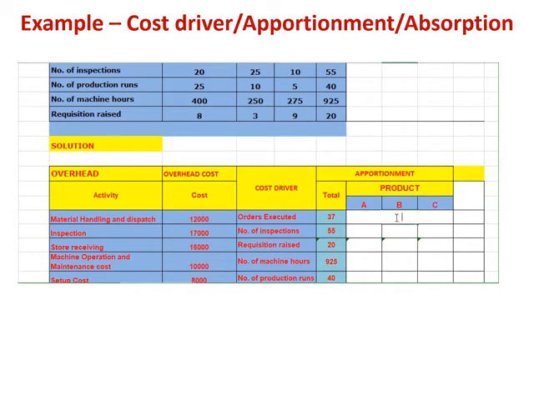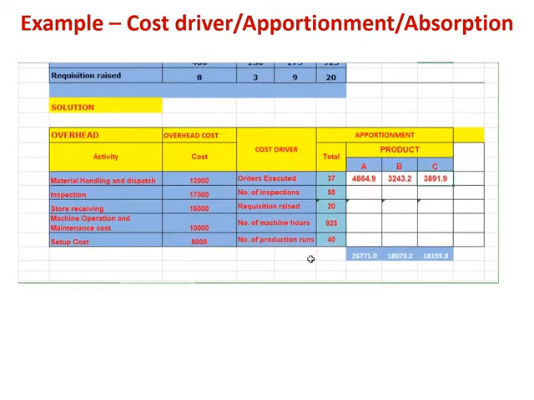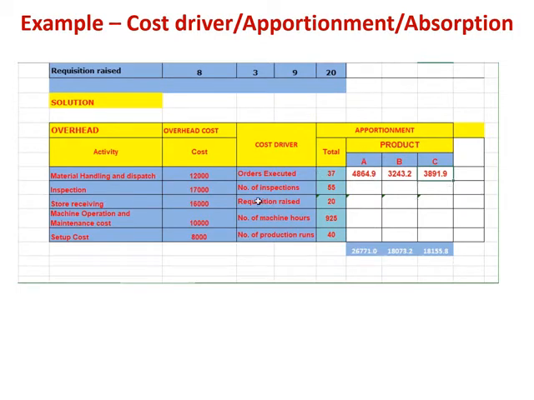Similarly for B, it is 10 divided by the total 37 into 12,000. Similarly for C, it is 12 divided by 37 into 12,000. So that value you can get. I want you to calculate the others also similarly.